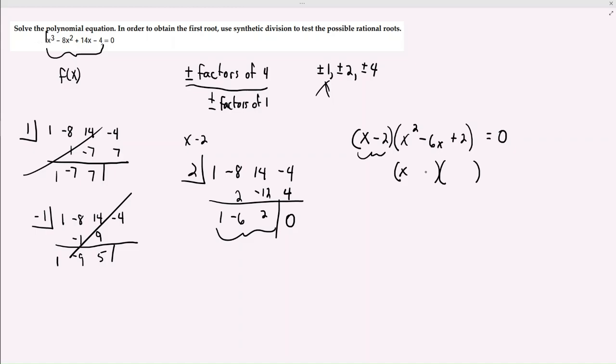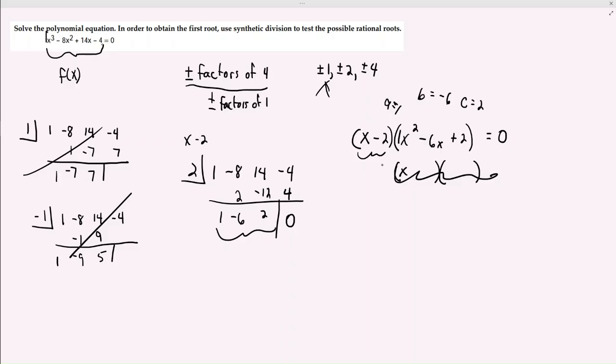No, look at that. We need a negative 6 in the middle. You know what that means? That means we have to use the quadratic formula, and then a is equal to 1, right? B is equal to negative 6, C is equal to 2.